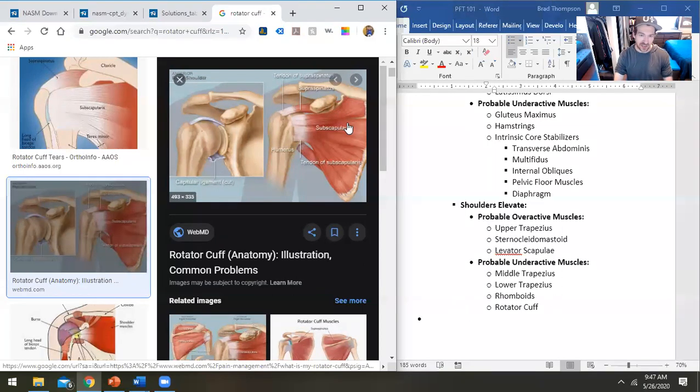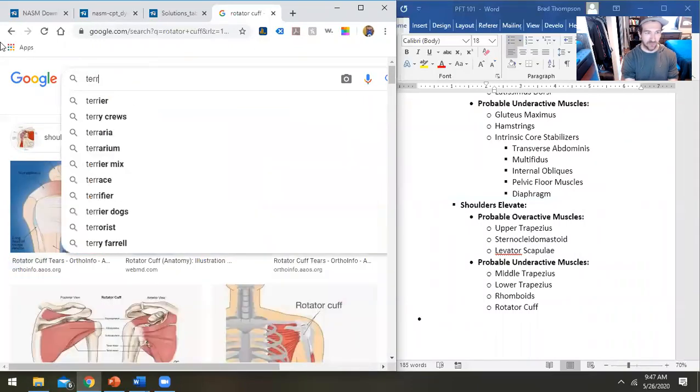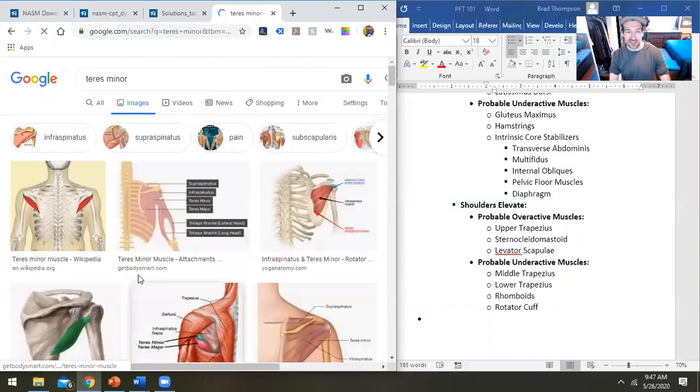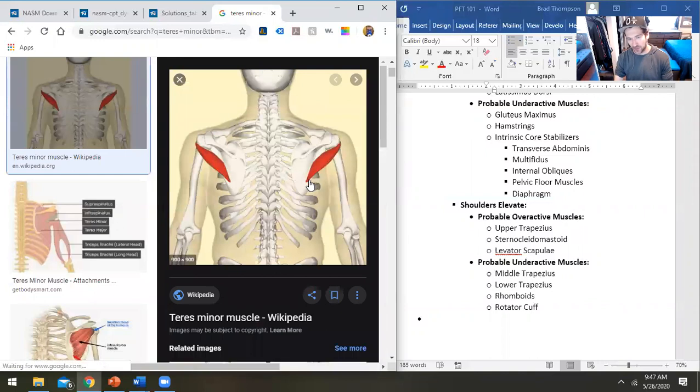That's your subscapularis, and it's going to run and, again, provide stability there. And then in the back, probably one of our primary ones, is your teres minor, this little tiny muscle that runs along the ridge here around the outside of your shoulder and provides stability in the front.